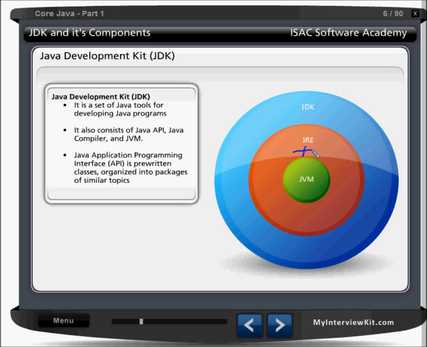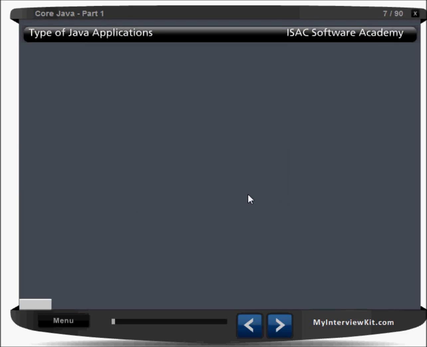So the JDK is a set of Java tools for developing Java programs. It also consists of the Java API, Java compiler and JVM. Okay. All the APIs are organized in the form of packages. So we import packages and we use classes in Java.